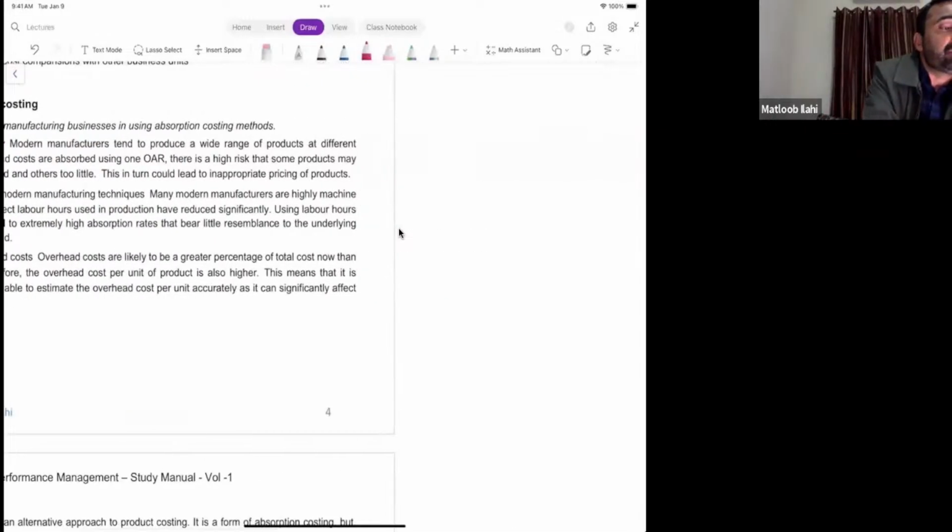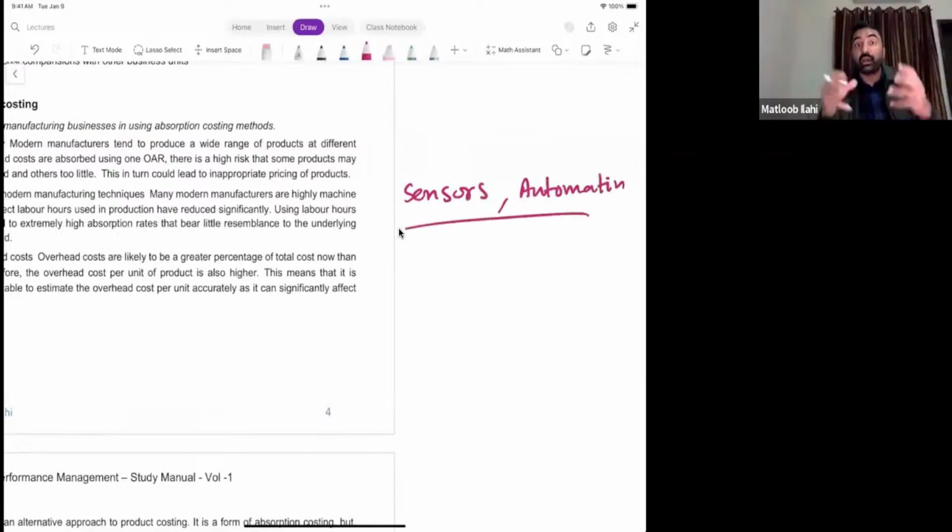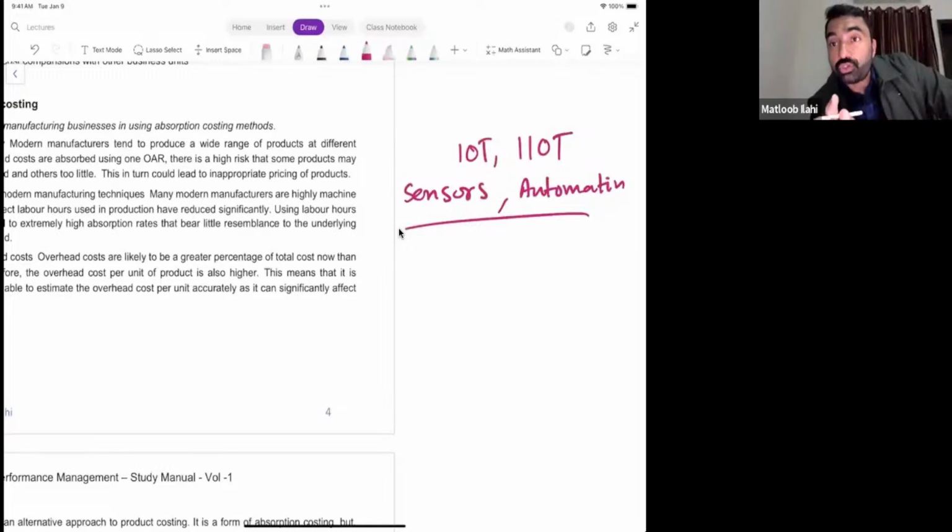For example, there are sensors, there is automation, a lot of sensors are installed, and there is more Internet of Things and IIoT. Have you heard about these things? IoT and IIoT: Internet of Things and Industrial Internet of Things.